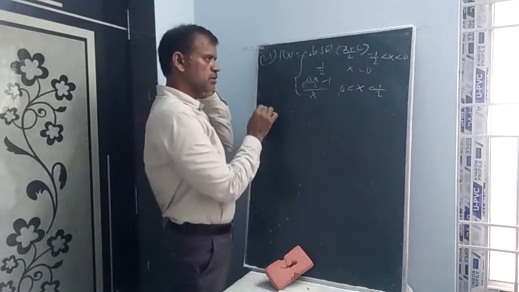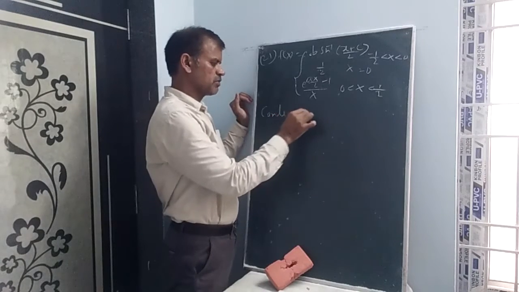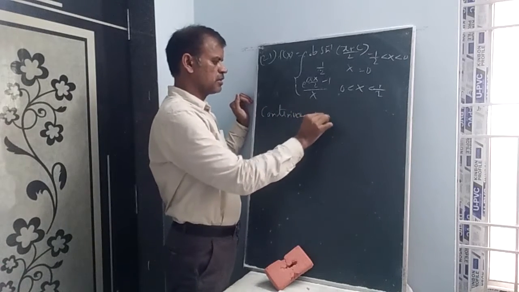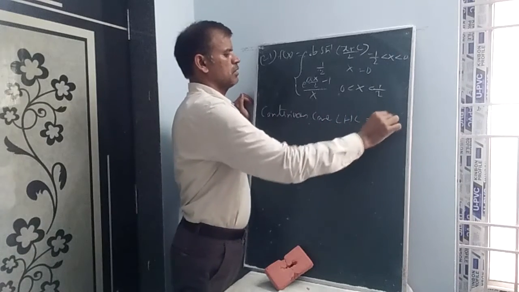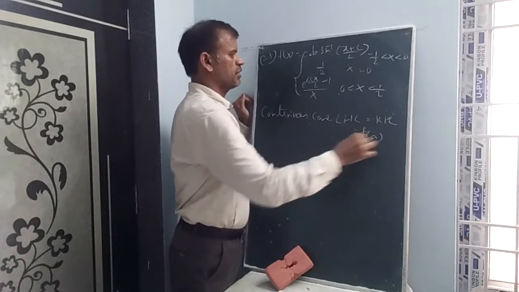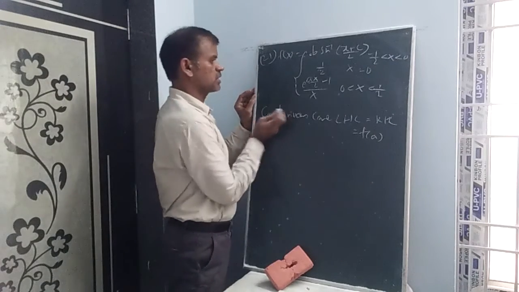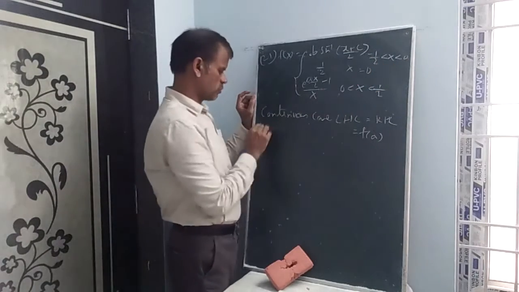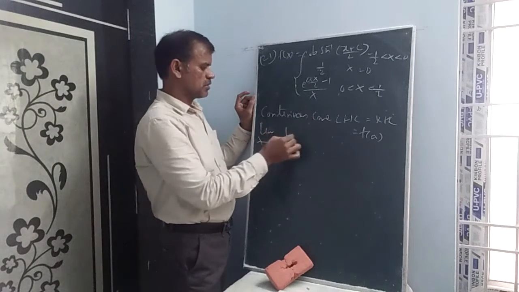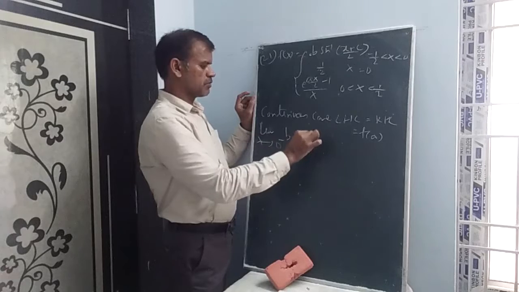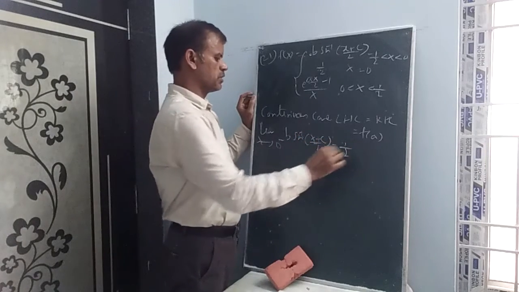So let us discuss the continuous case. If you verify the options, you can leave it. Continuous case: LHL equal to RHL, that is equal to f of a. So LHL means, with x tending to 0 minus, limit x tends to 0 minus of b sine inverse of (x plus c) by 2 equal to 1 by 2.